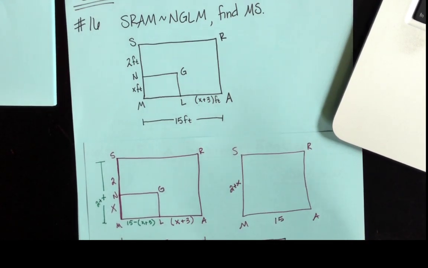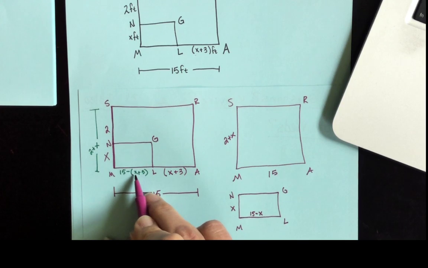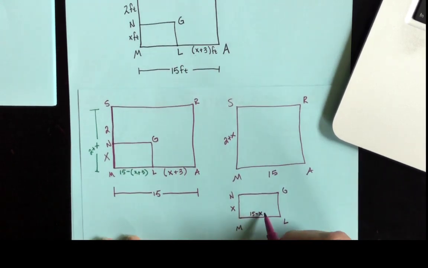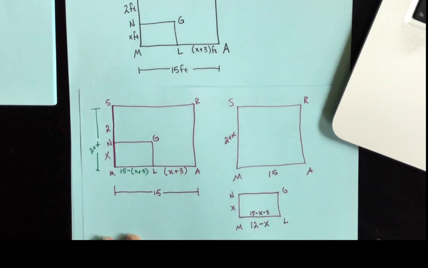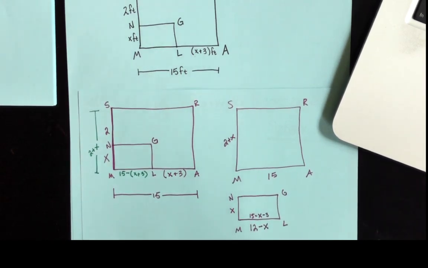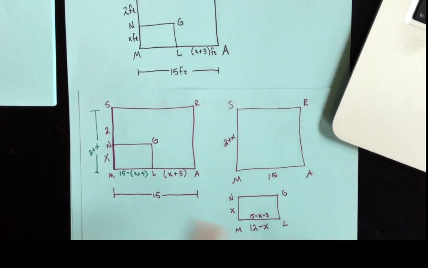And its similar shape in the same order is now X. And if this guy is 15 minus the set of parentheses, minus X minus 3, I now know that this is 12 minus X. So by using what's here, I now have my proportions set up.